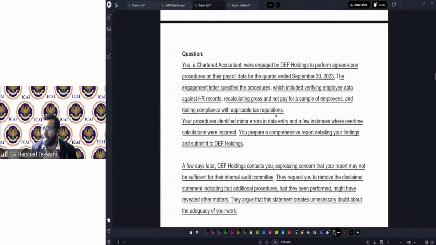So what do you think? Is it creating a doubt? Can we remove this statement if it is creating the doubt? What do you say, guys?